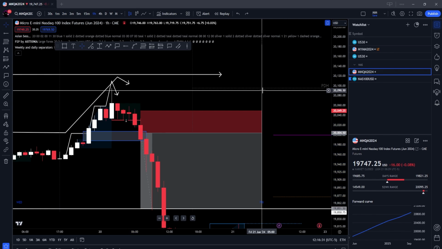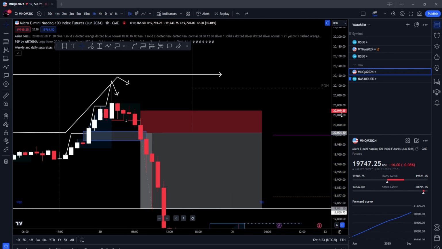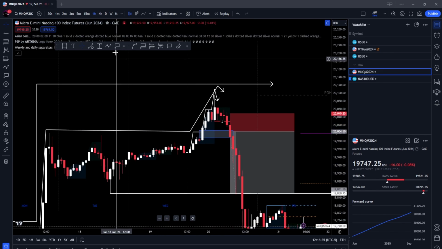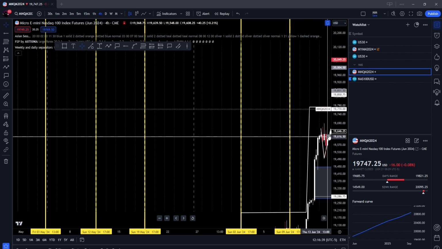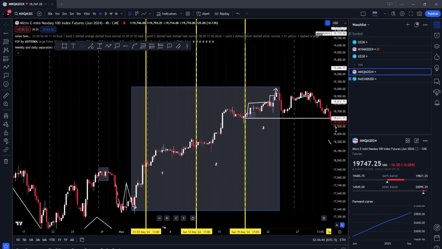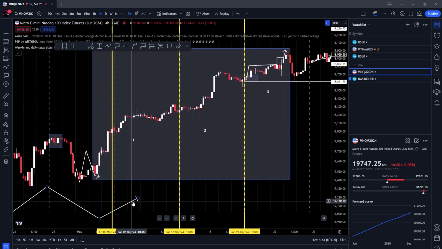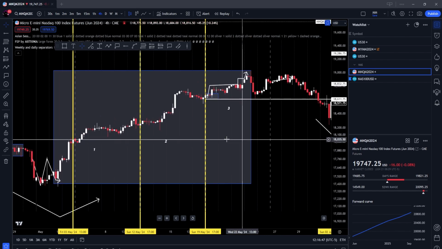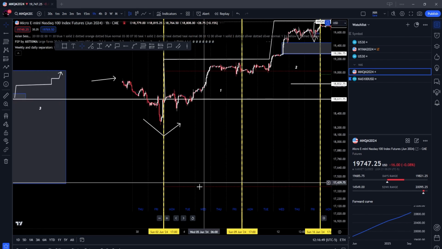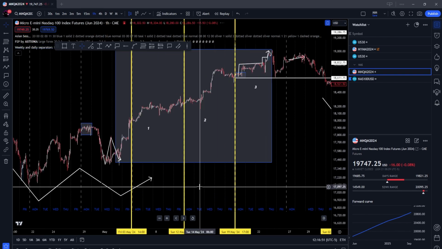Yeah, this was a nice high probability setup. And if you look at the previous 3 week cycle, it's pretty similar. So this move kind of happened. Basically, this was like 3.5 weeks. But let me turn on my days of the week.